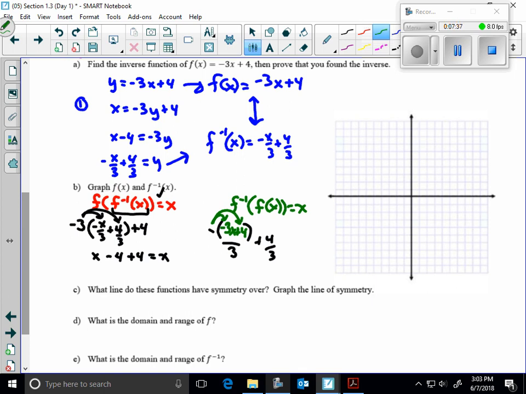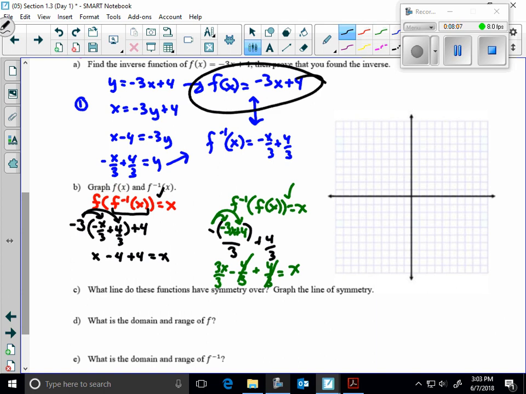So that'd be a positive 3x and a negative 4/3, or negative 4. So it'd be a positive 3x over 3 minus 4 over 3 plus the 4 over 3 I already had. Those cancel. 3x over 3 is x, and it checks off. So I've confirmed that they are inverses of each other.